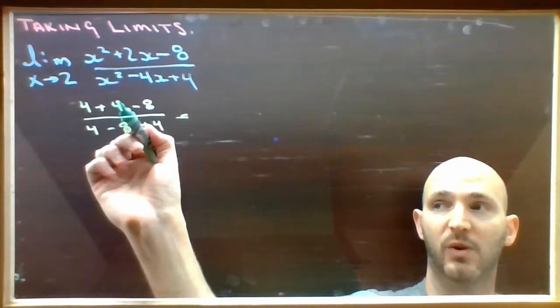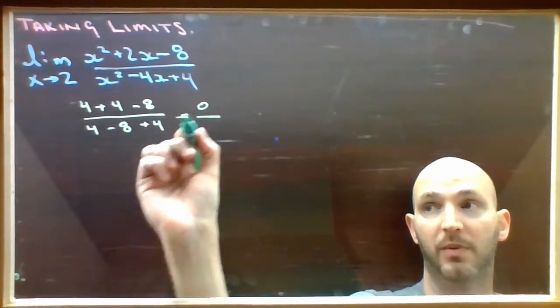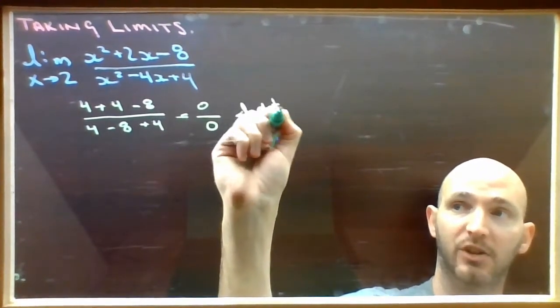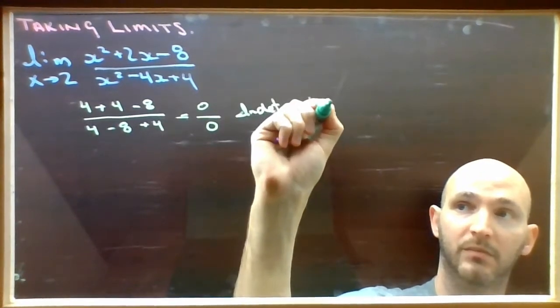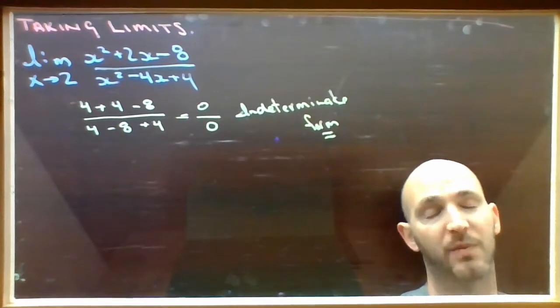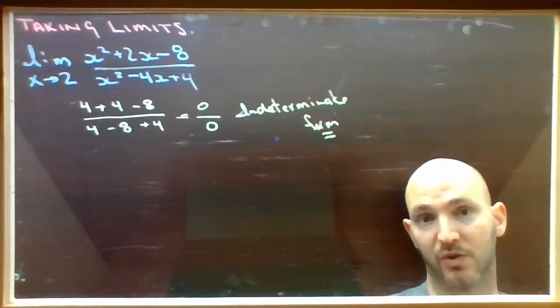So 4 plus 4 is 8, minus 8 would be nothing, and 4 minus 8 is negative 4, plus 4, which should be nothing. And this is one of our indeterminate forms. Which means I'm going to have to use the factoring method or the approach method.